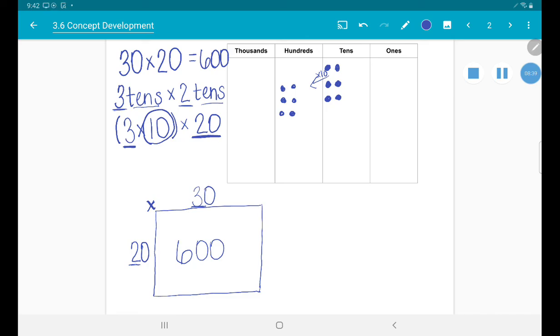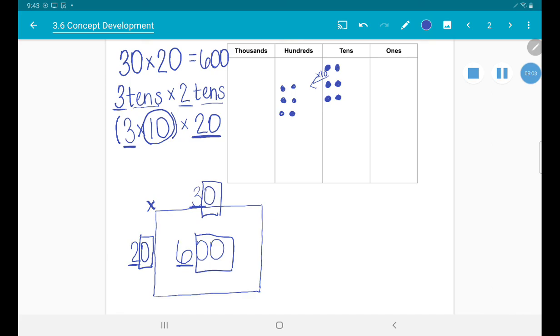So we could do 3 times 2 equals 6. And then in my factors, I had 2 zeros, so in my product, I'll have 2 zeros. My answer is 600. Is that the same thing we got when we solved on the place value chart? Yeah.